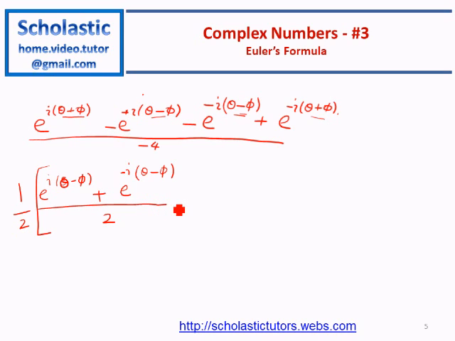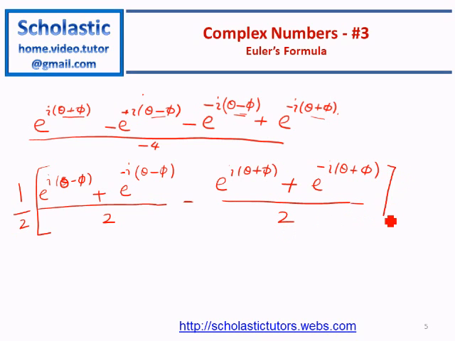And then you have another term, this negative will make this term negative, so put negative here, and then e to the i theta plus phi, minus, actually this negative and this negative, there will be two negative signs, so you take the negative out, then this becomes positive, e to the minus i theta plus phi divided by 2.